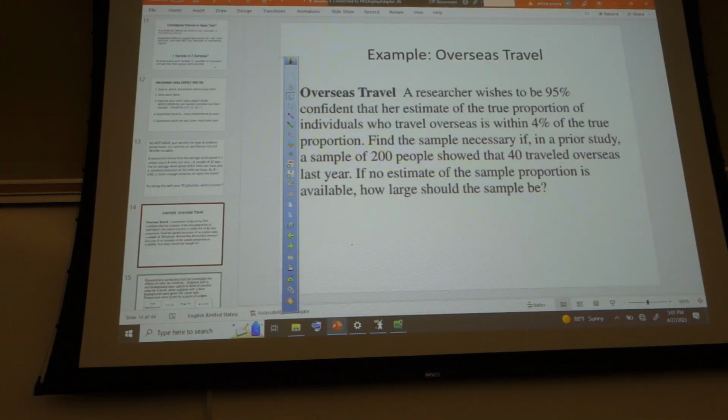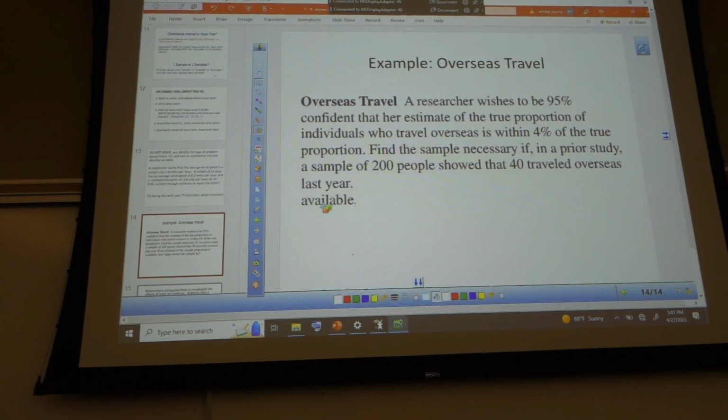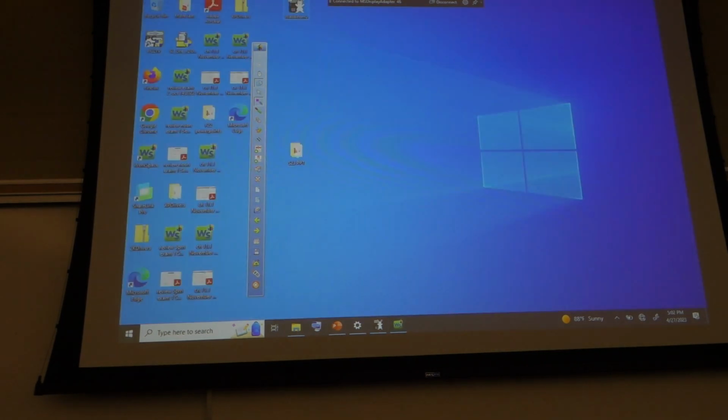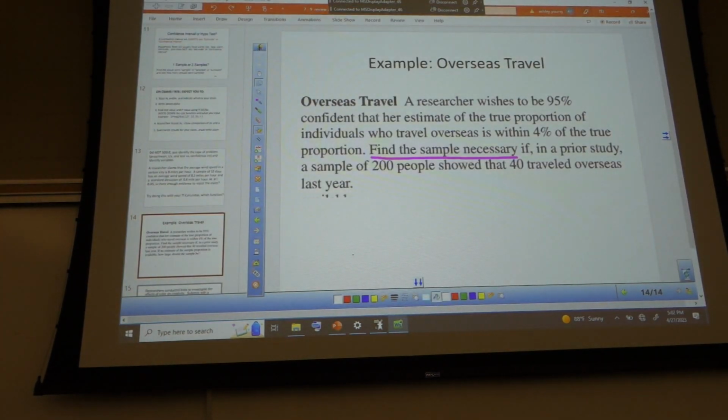Okay, let's take a look at this one. So here's one where there is an estimate that they're giving us. So we still need to find the sample size necessary, but we're using the information that in a prior study, out of 200 people, 40 traveled overseas.